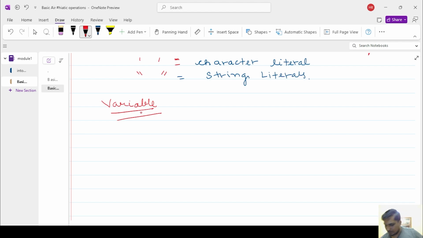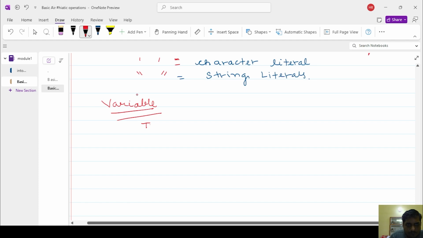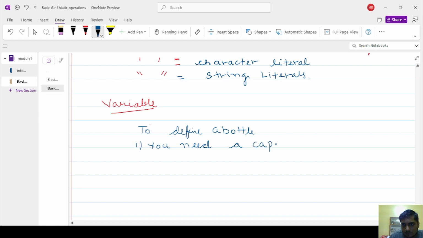Similarly, with the variable, to define a bottle you need a capacity, meaning what you want to store: water, oil, or molten lava.